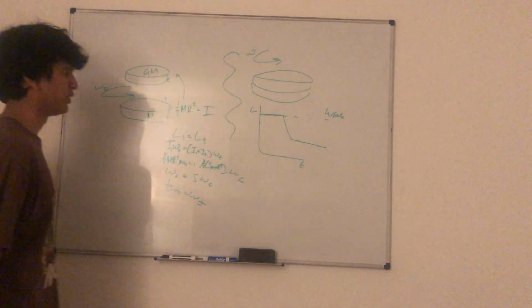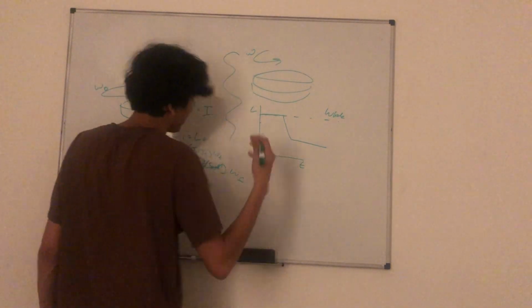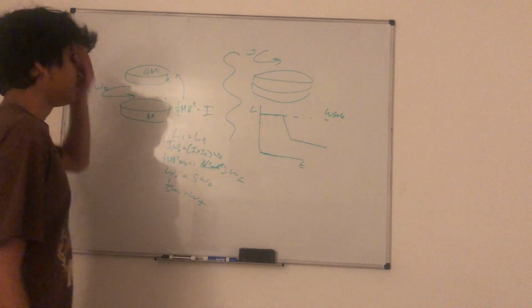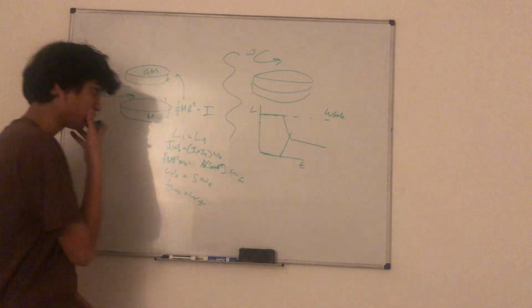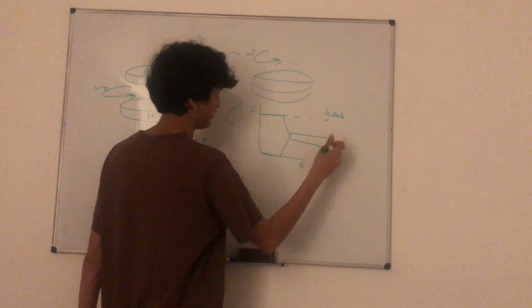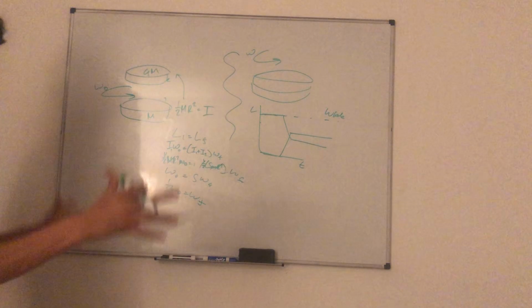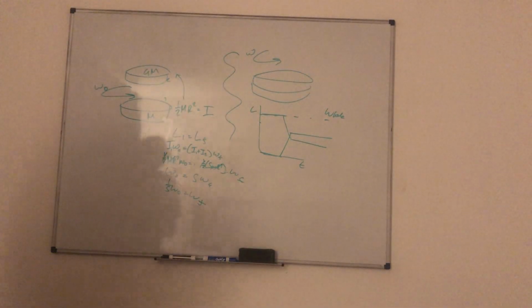The second disk is going to start with 0, and for angular momentum to be conserved, it's going to have an equal and opposite increase, so that the whole is still the same amount.